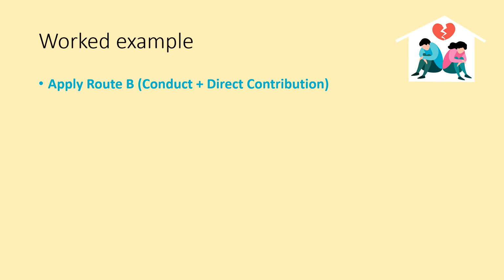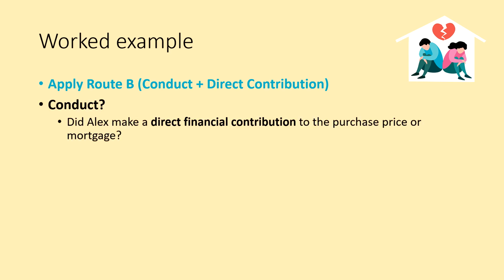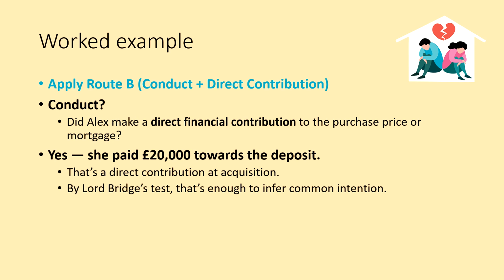So now, secondly, let's have a look at route B. Did Alex make a direct financial contribution to the purchase price or the mortgage? Yes, because she helped with the £20,000 towards the deposit.